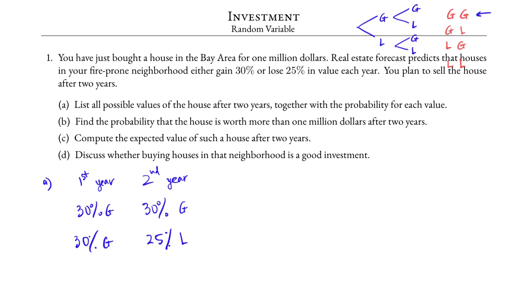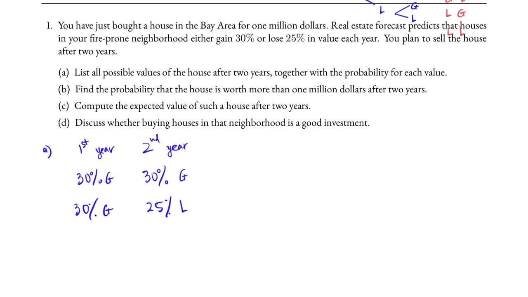So this is a loss. The third scenario is when we lose 25% the first year and gain 30% the second year. And for the last scenario, 25% loss the first year, 25% loss the second year.